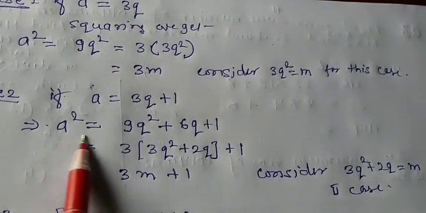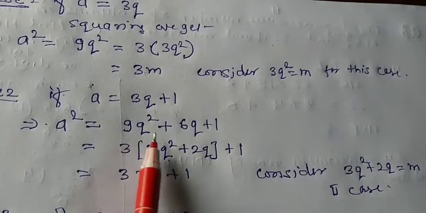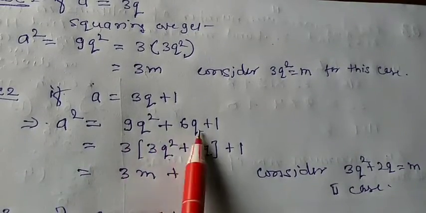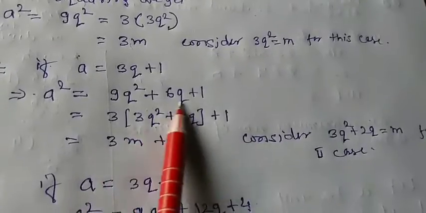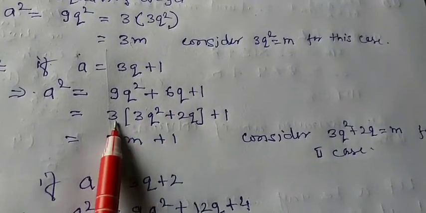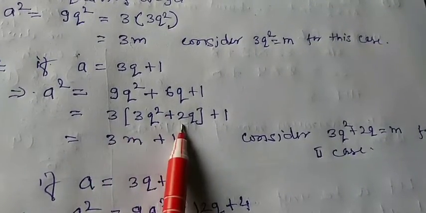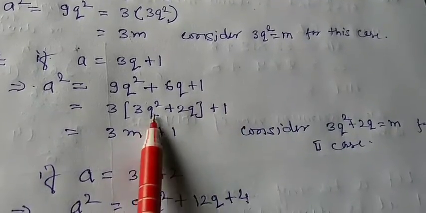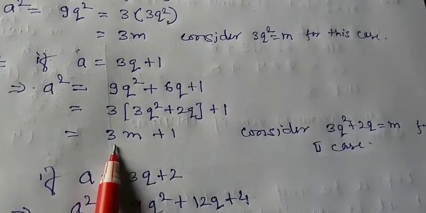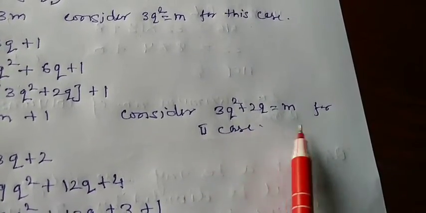Squaring it, we use the formula a plus b whole square equal to a square plus b square plus 2ab. Again we take 3 common and get plus 1, and take the rest as m, so we write 3m plus 1.